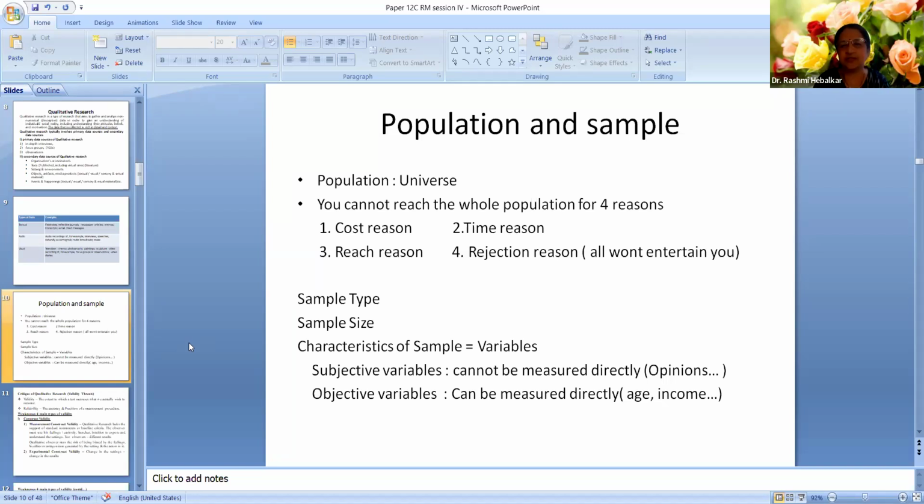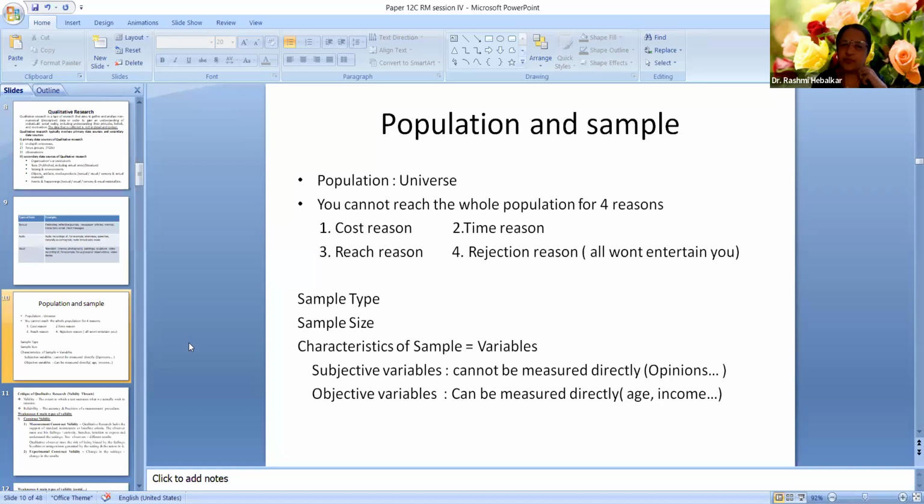Within 10 years, all students of diploma who had studied research methodology is population. And now batch 90 and 89 are my sample. Correct? So it is up to you to put the meaning of population and sample as per your research.